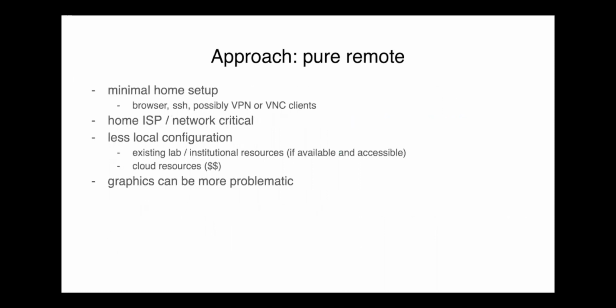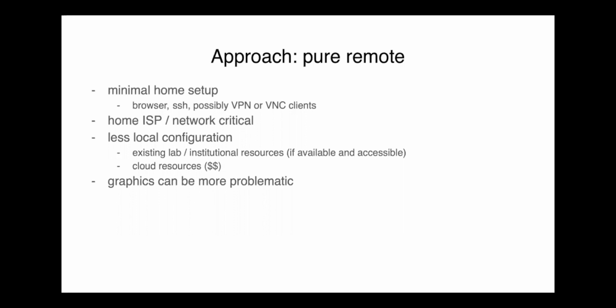The other extreme approach is to do a pure remote. So in this case, what you need at home is a very minimal setup with a browser, usually SSH, possibly a VPN client, possibly a VNC client. And you don't necessarily need to have any structural biology software installed locally.